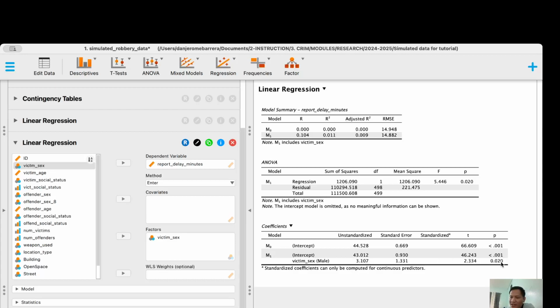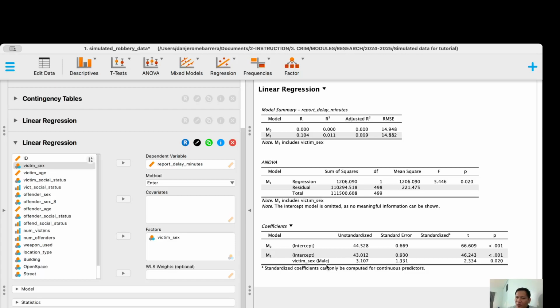The answer is yes, because if we look at the p-value for the association between victim sex and reporting delay, the p-value is below 0.05, our benchmark. The p-value is 0.02. So we can say that there is a significant relationship between victim sex and reporting delay.